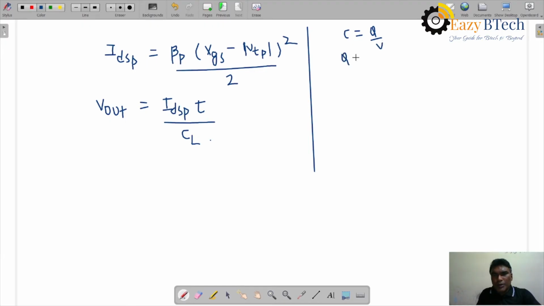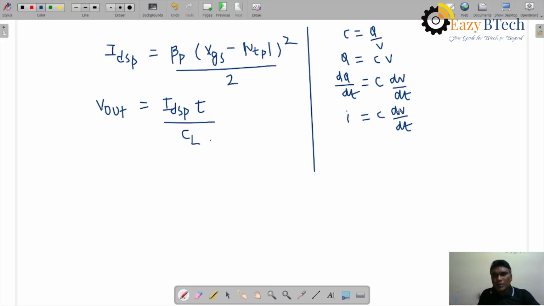The charge is equal to capacitance into voltage. Differentiating both sides, dq by dt is equal to C into dv by dt. Change in charge with respect to time is current I, so I equals C into dv by dt.